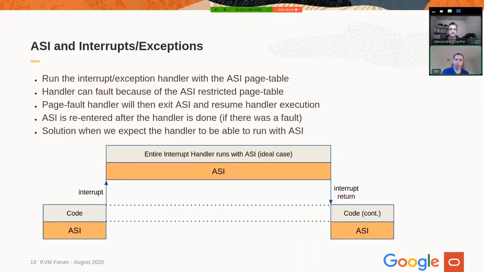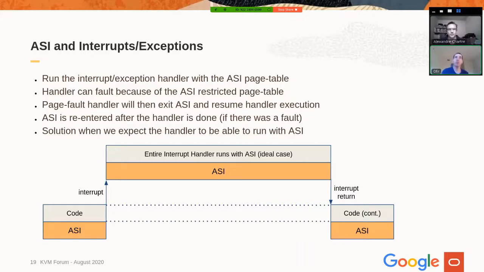So it will continue to run with the ASI page table. Obviously, it can fail at some point because the required mapping is not there to do the processing. In that case, it's going to take a page fault. And the solution there is to handle the fault and switch at that point to the kernel page table to continue the processing of the interrupt handler.